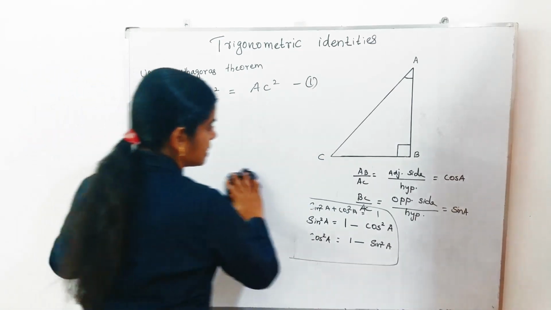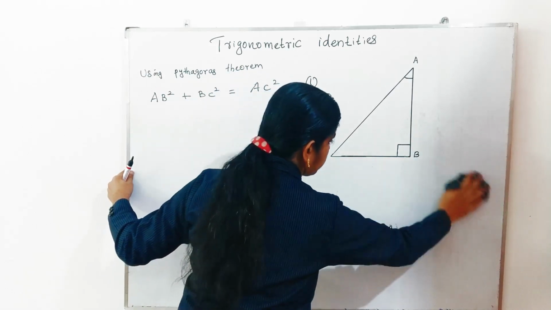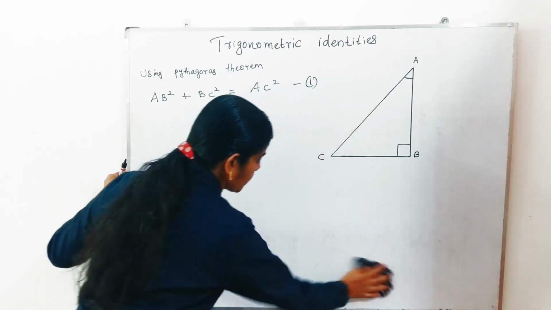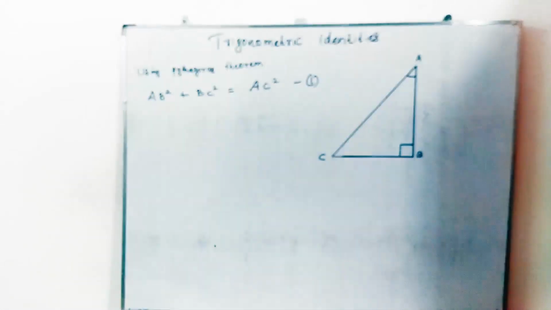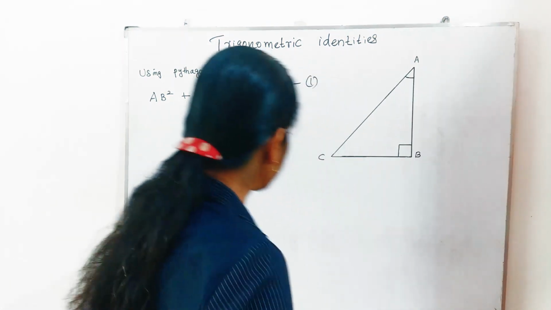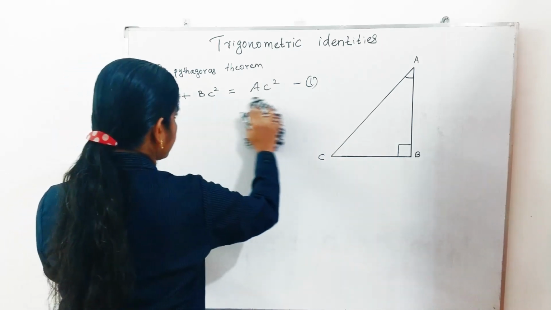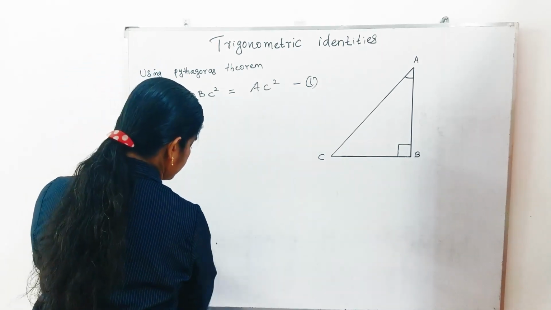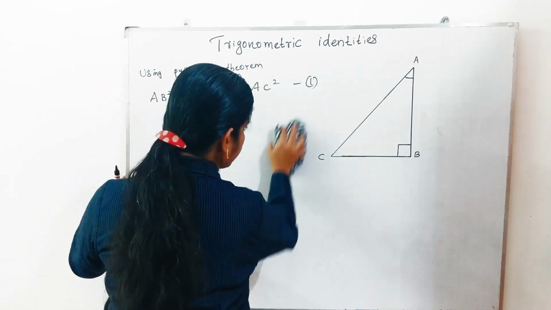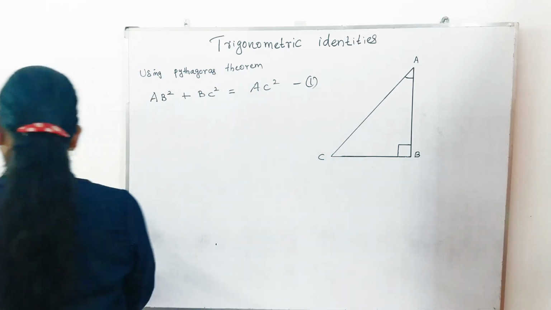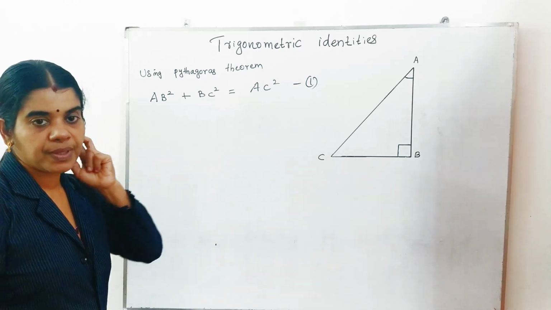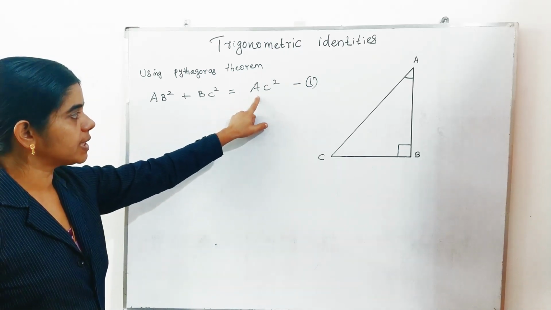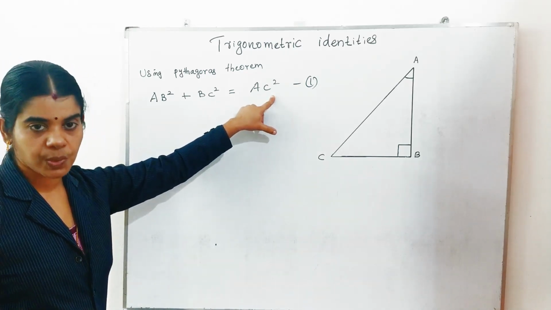Next, I am discussing the second identity. Same as before: first, we divided equation 1 throughout by AC square.